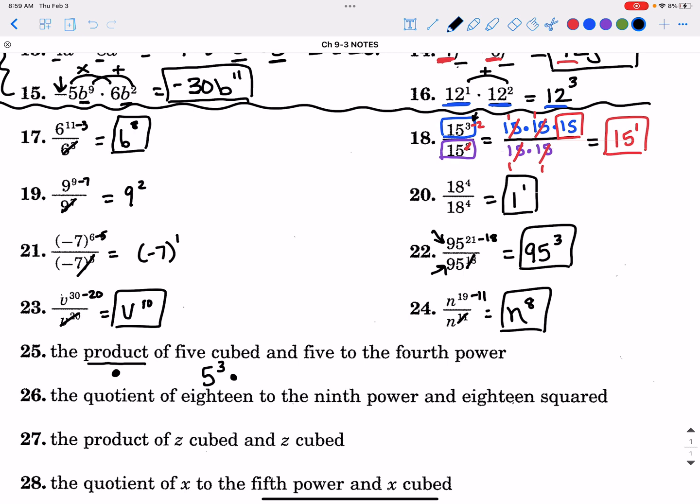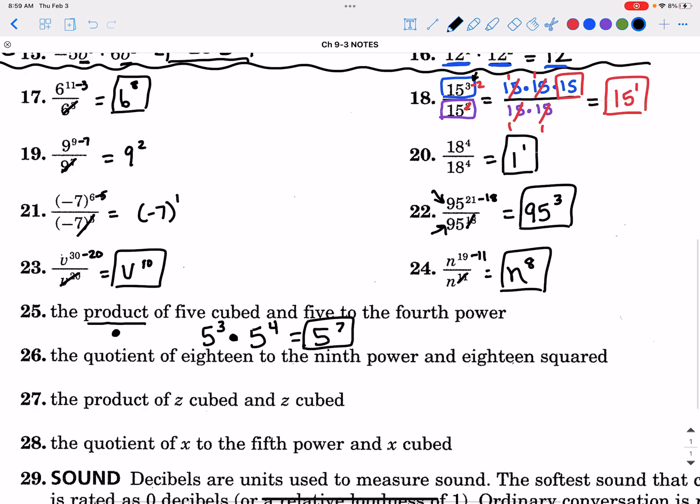So I'm going to multiply 5 cubed and 5 to the 4th power. So it's just telling you in words the problems you had up here, and you work them the same. Your base is 5 all the way across, so your base stays 5. It is a multiplication problem. In multiplying, we add those exponents because it's 3 5s and 4 5s all totaling 7 5s. Okay?